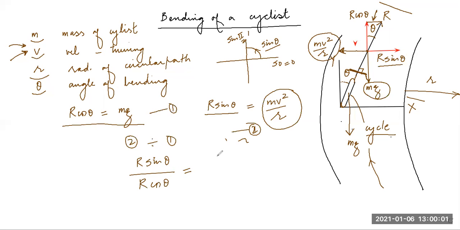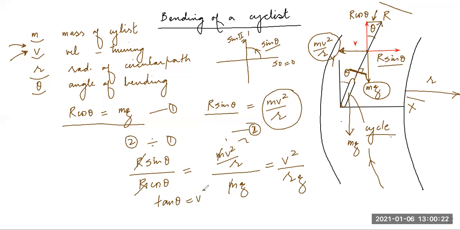So it will be equal to mv square by r divided by mg. Good. M will cancel with m, so what we will get is v square by rg. So very simple, I will get tan theta is equal to v square by rg. Am I right?